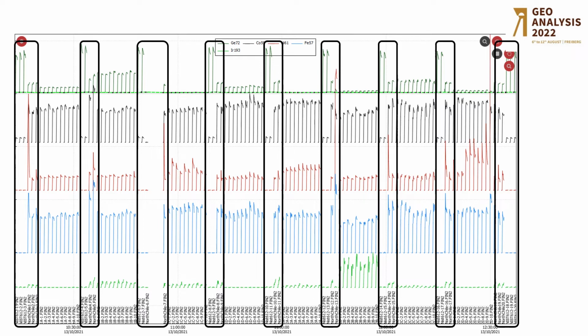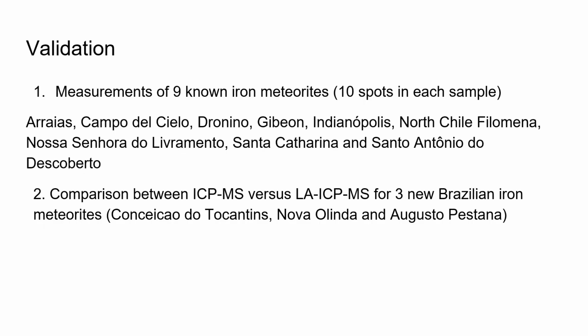Using our procedure, in around 20 minutes we obtain a chemical characterization of an unknown sample, including standards. The validation of the procedure was performed in 2 steps. In the first, we applied our ICP MS procedure to obtain results in 9 non-iron meteorites.